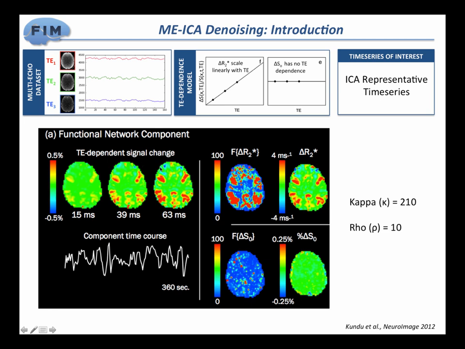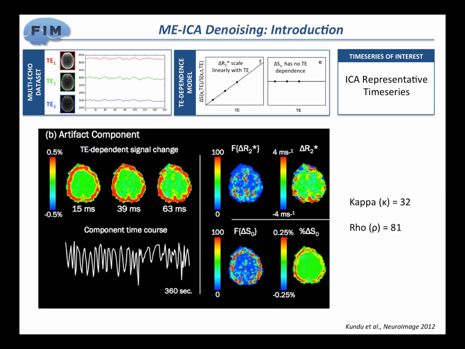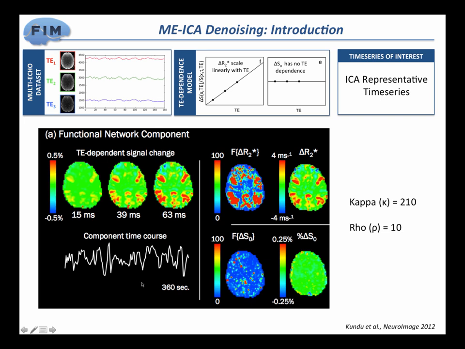But for this particular case, it definitely looks like a good component. It's very clear that this would end up with a kappa that is much higher than a rho, and that's a good start for the algorithm, okay? Not only that, but the time series associated with this component also looks like something plausible.